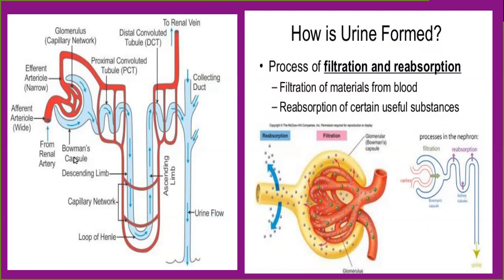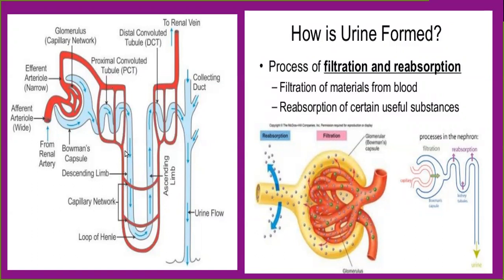At the lower end of the capsule, there is a tube-shaped structure. This tube-shaped structure we can collectively call the tubule. This tubule has three important regions. The beginning of the tubule we can call the proximal convoluted tubule, PCT.